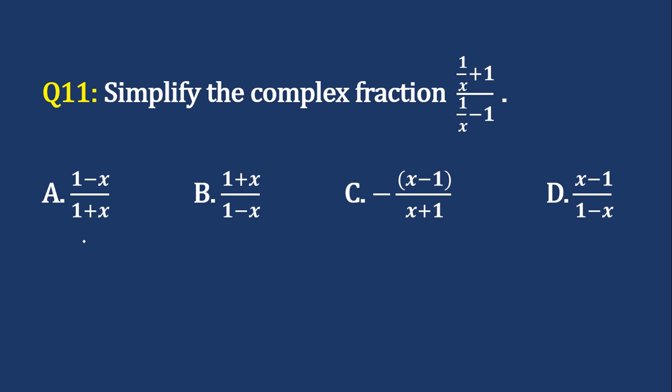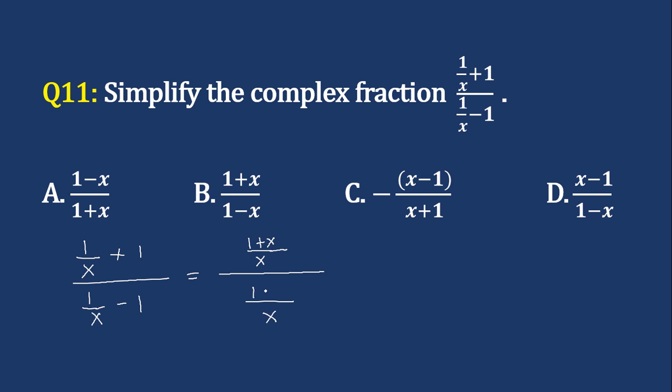Let me write first the given. What's the LCD of the quantity on top? The LCD is x. So you have 1 plus x. And then in the denominator, the LCD is x also.